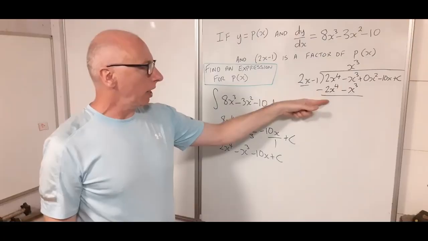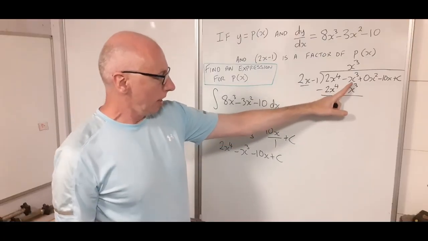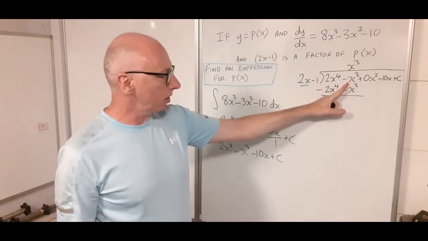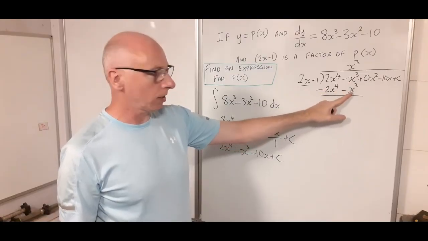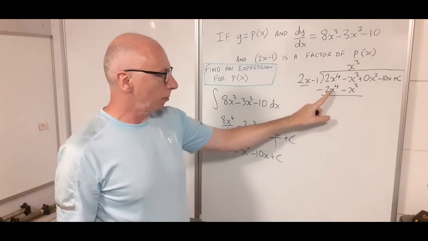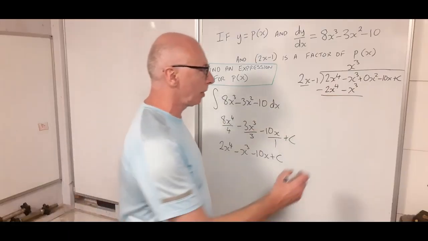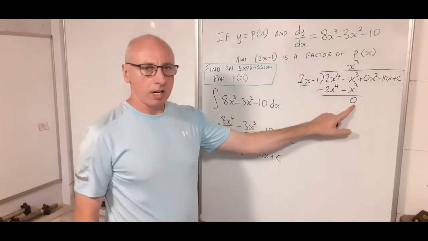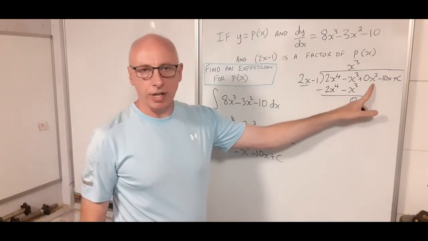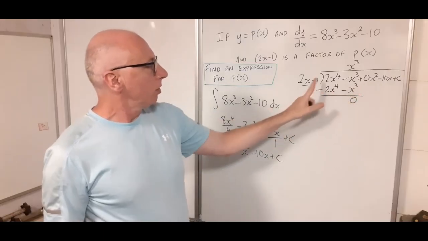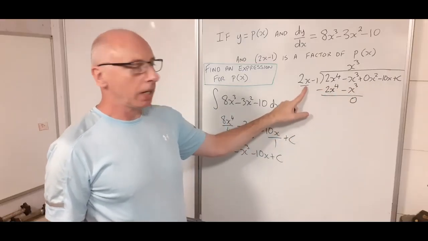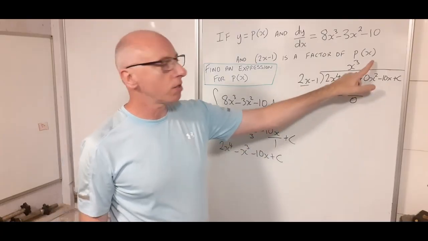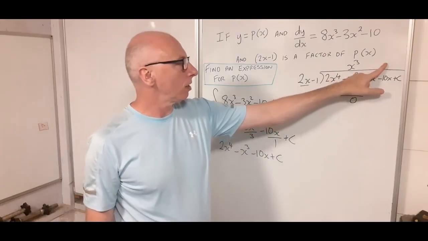So those disappear. Now the x cubed, we've got minus x cubed minus minus x cubed, so that becomes a 0. Okay, now a bit awkward that that's a 0, but all we do now is just move on to the next term. Now 0x squared divided by 2x is still 0, so there's no x squared term or x term.